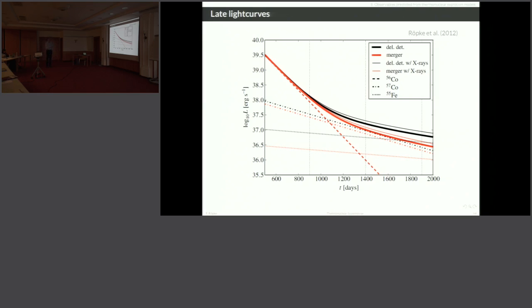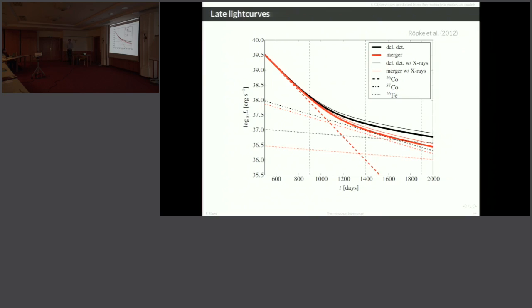And this makes the light curve bend over, so its decline will be shallower then, because the other decays become important. And at some point, like 1,400 or 1,800 days after the explosion, an important contribution will be due to the decay of iron 55, cobalt 55, manganese 55.